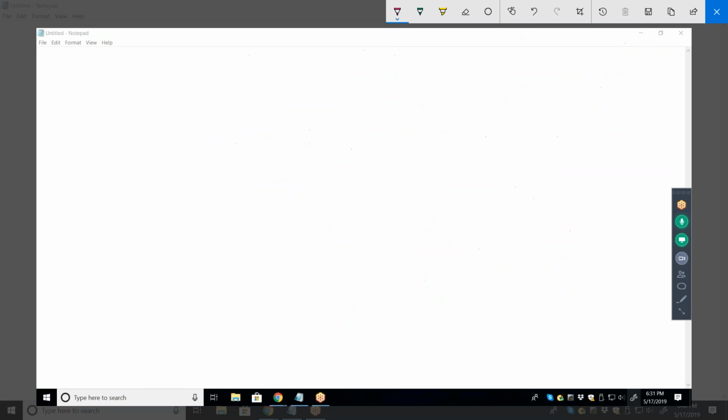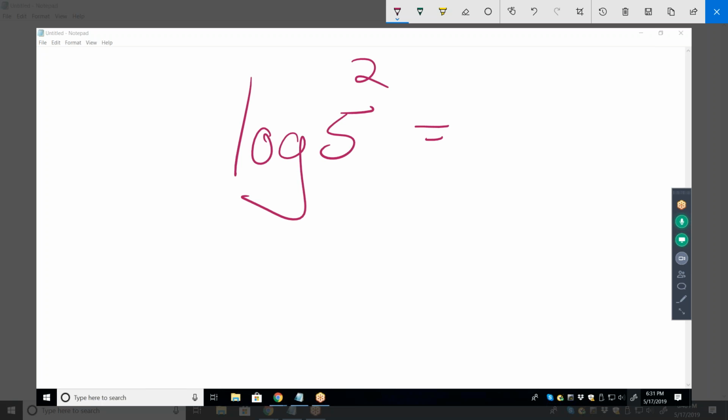Okay? So that's what these are all about. And that's really the only other rule you need to know is this one here. If I have the log of 5 squared, and I want to expand that, what do I do? No, what you've got to remember is that exponent.